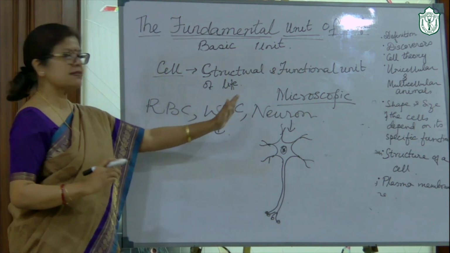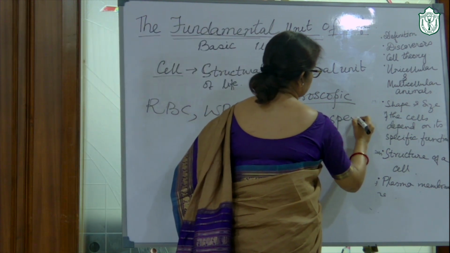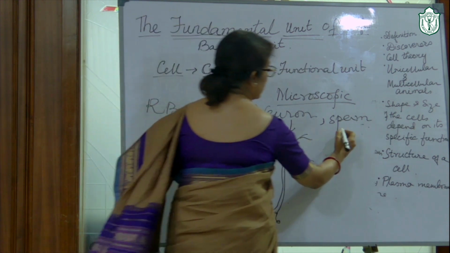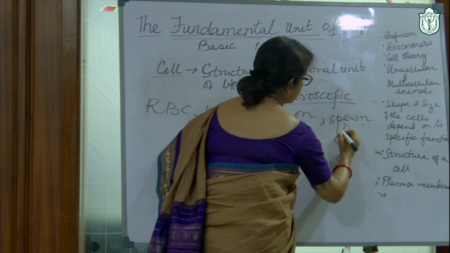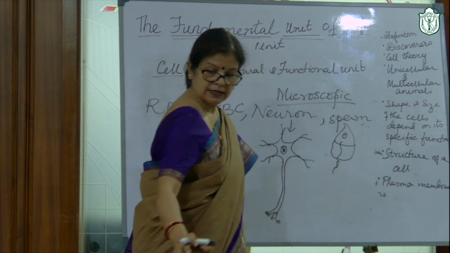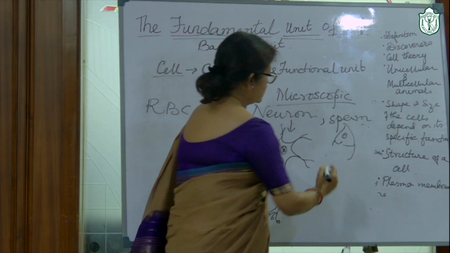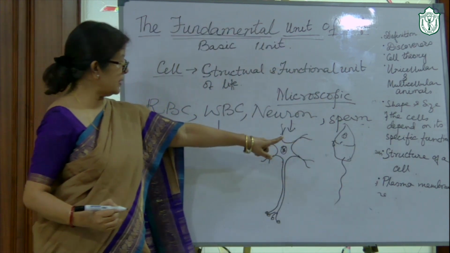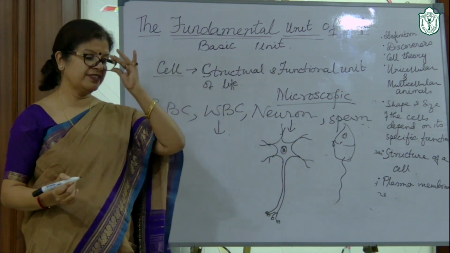So these three examples, and one more I am adding here, a sperm. A sperm is a male gamete. The sperm moves, since it can swim. It has to swim, so it has a tail, and that tail helps it to move.